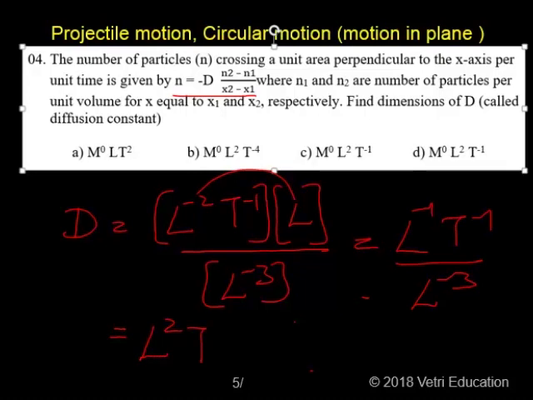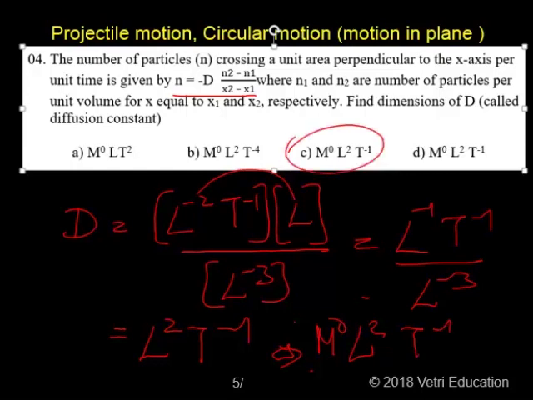And then T^-1. So it is L^2 T^-1. If you want to include M, we can include it like this: M^0 L^2 T^-1. So the answer is C.